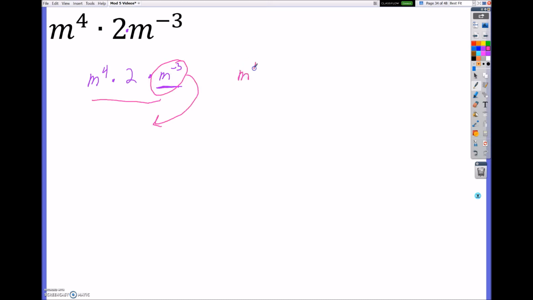This would give me m to the fourth times 2 all over m to the positive 3, because we moved it from the numerator to the denominator. Now I treat this like a regular old problem, which means when I am dividing, I subtract the exponents. So if I have 4 on top, 3 on the bottom, this would give me m times 2, or 2m. Either way.